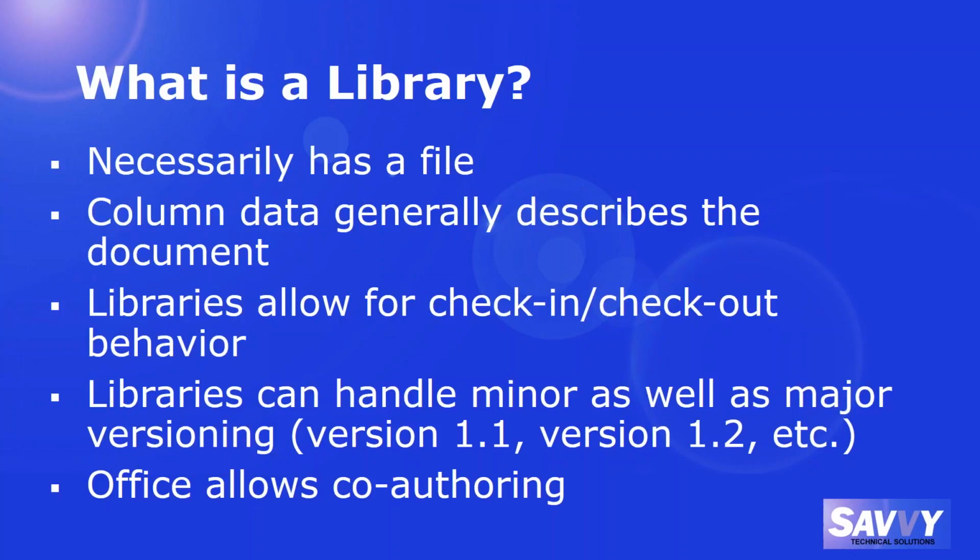So generally, the column data describes the document. It gives you helpful information about the context of the document, that would be pertinent to the document itself, unlike a list item where all of the columns come together to really describe the information.